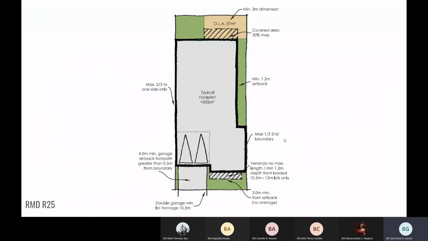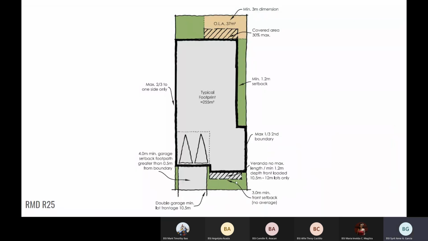This one is the indicative illustration of all the rules explained in the previous slides. Here you can see we are set back; the veranda's minimum has to be 1.2 meters.